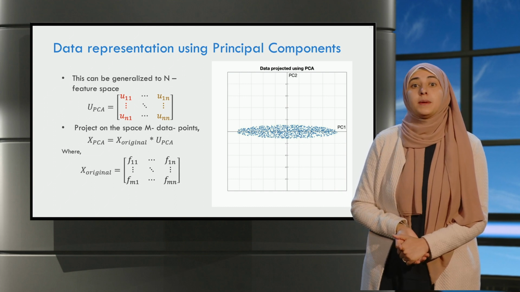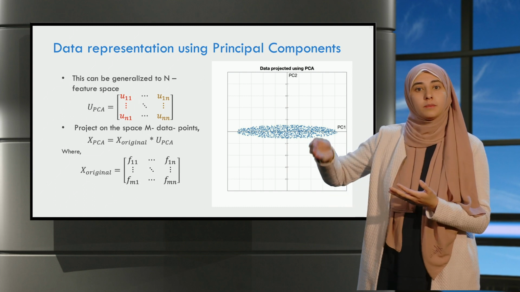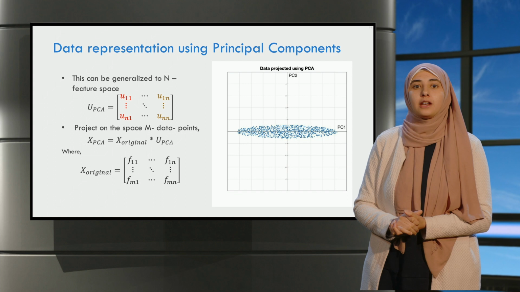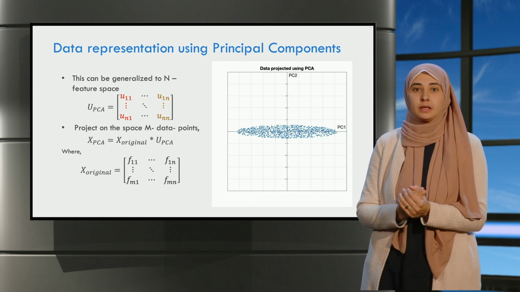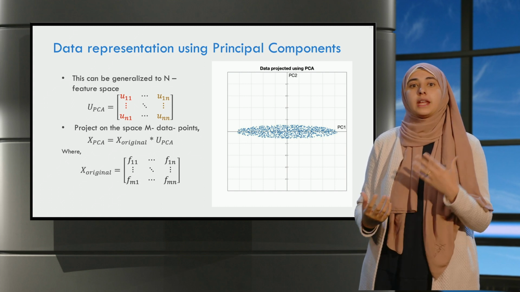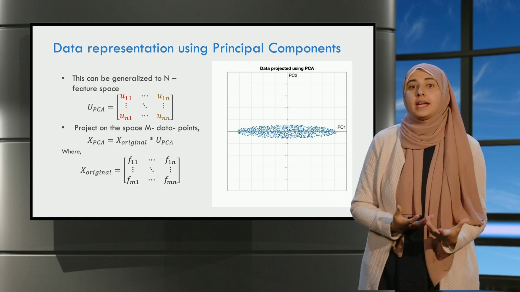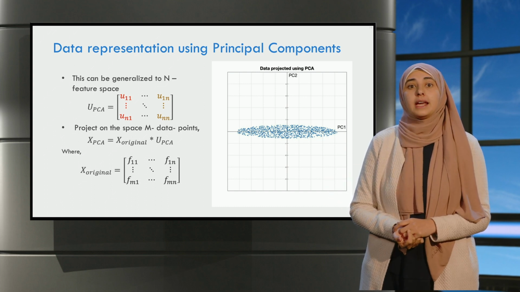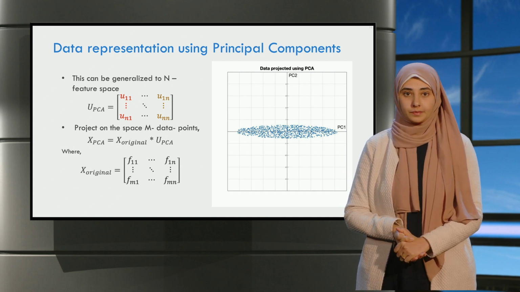In that case, PCA will find n principal components, so n columns in the U matrix. Then we can project the data into the PCA space by matrix multiplication. X original is the data matrix where each row is a single data point. The output data matrix X PCA is a rotated version of the original data matrix.